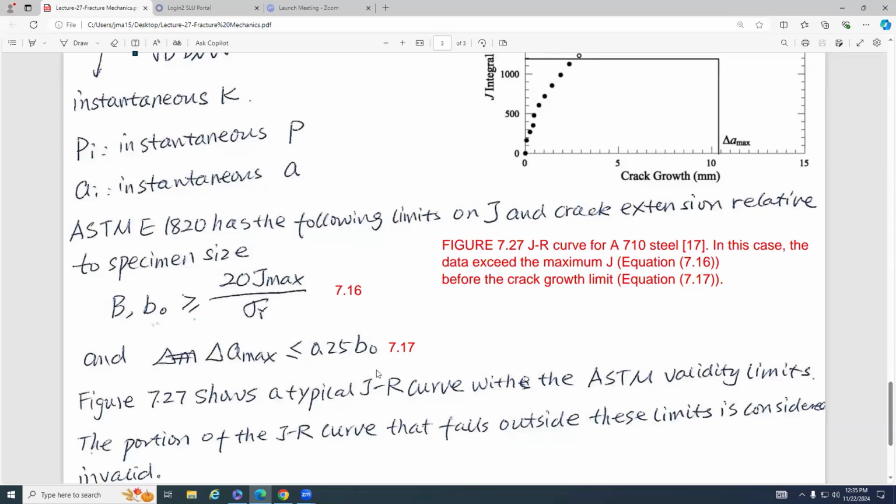Any questions you guys might have for me? If I give you a hypothetical material, can you give me a feasible plan and how to determine the J and how to determine the JR curve? Can you do that, guys? Okay, and then I will give you that in the final exam.